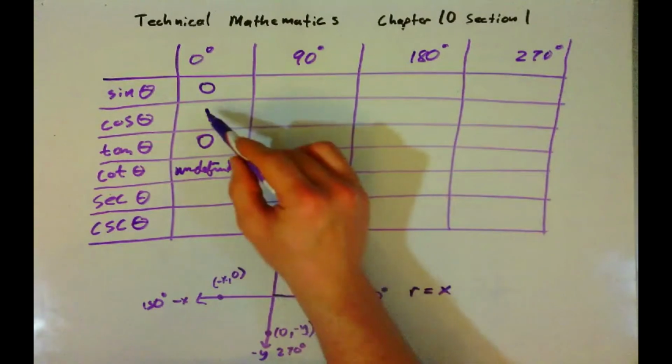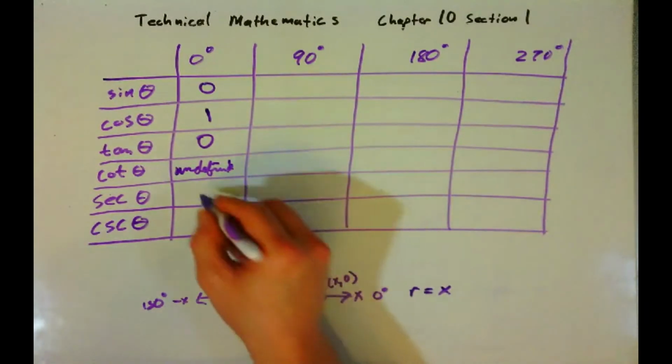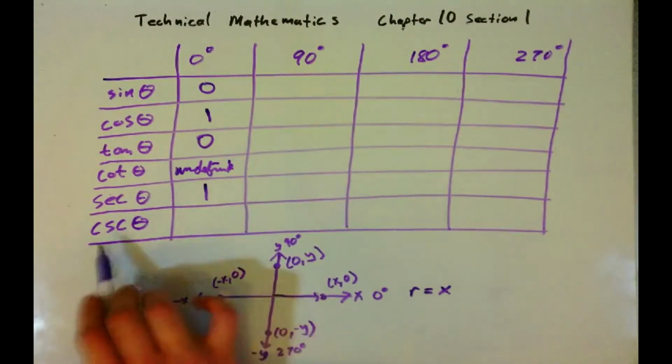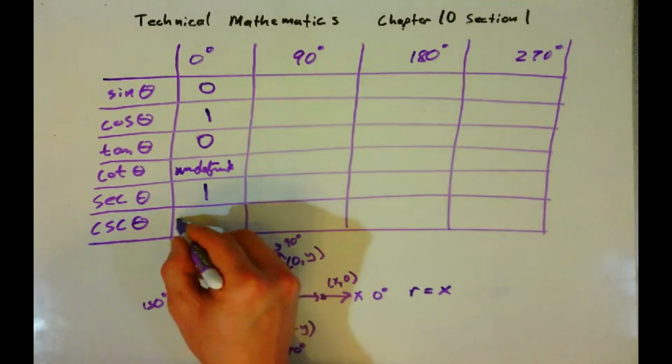The secant is the reciprocal of the cosine, and so the secant is going to be the hypotenuse divided by the x value, and again the hypotenuse and the x value are equal over here, and so when we divide them we will get 1. And the cosecant is the reciprocal of the sine, and so it's going to be the hypotenuse divided by the y value. The y value is 0, and again if we divide by 0 we're going to get undefined.